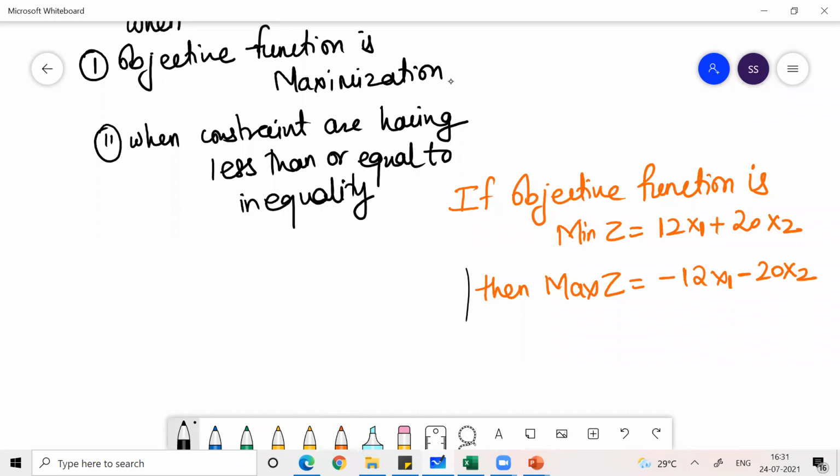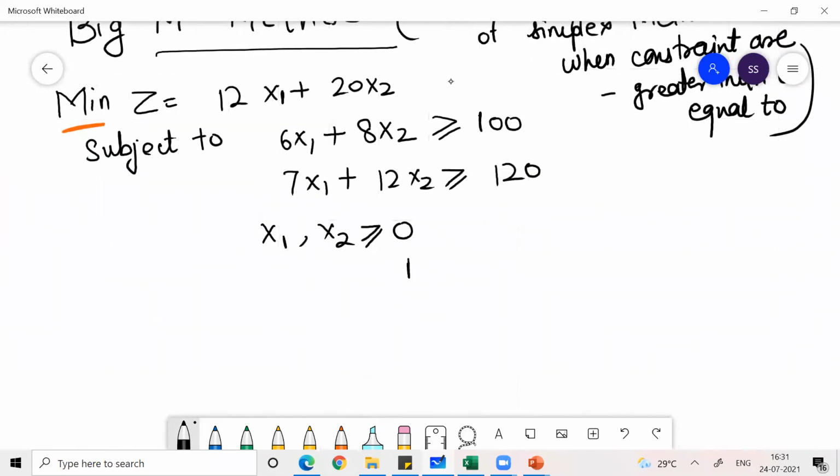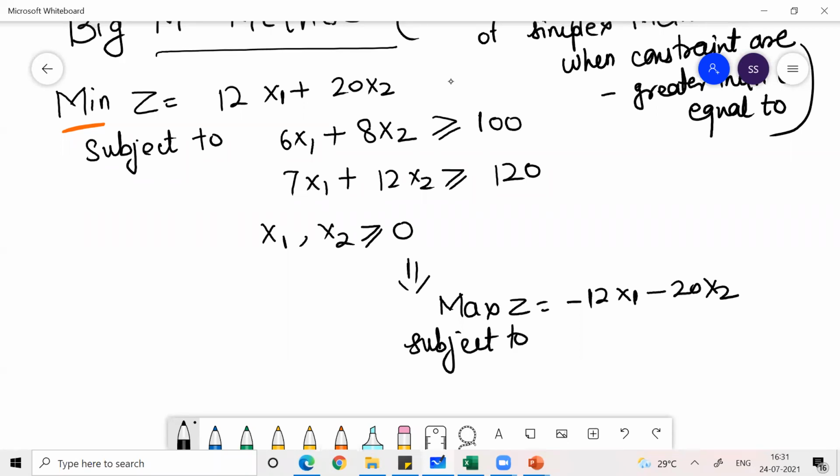So now I can write this equation as maxima of z equal to minus 12x1 minus 20x2, subject to constraints. What are all the constraints?